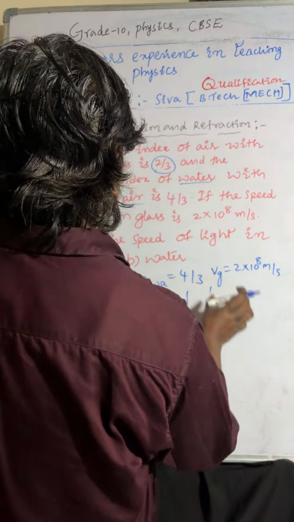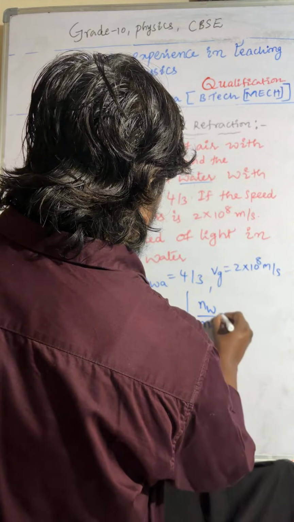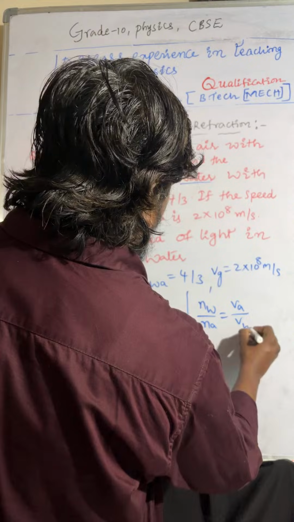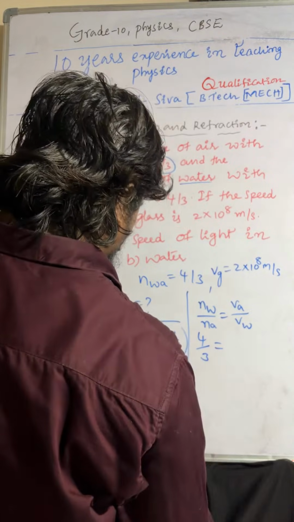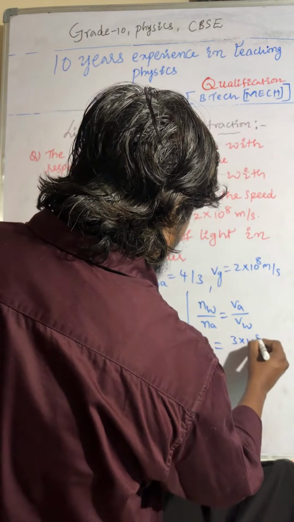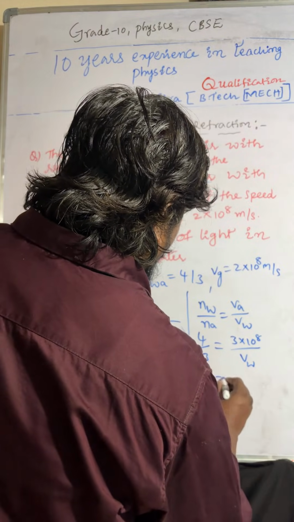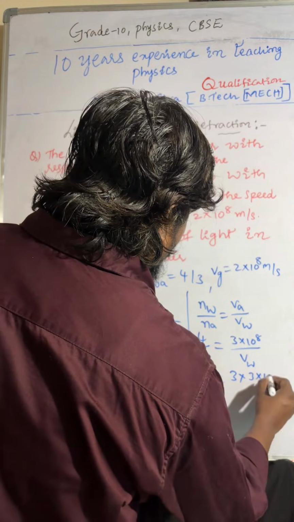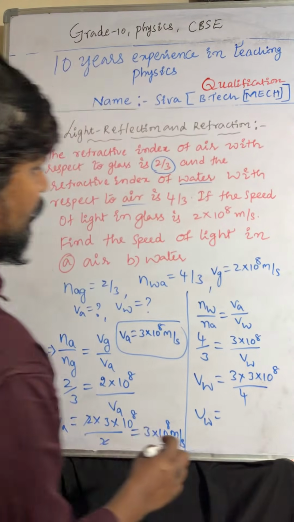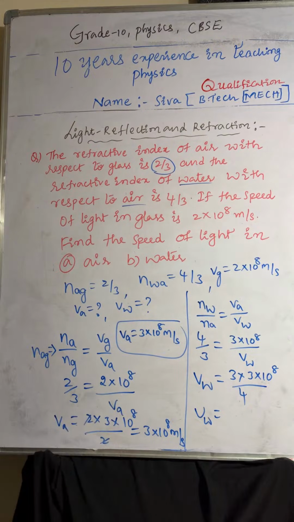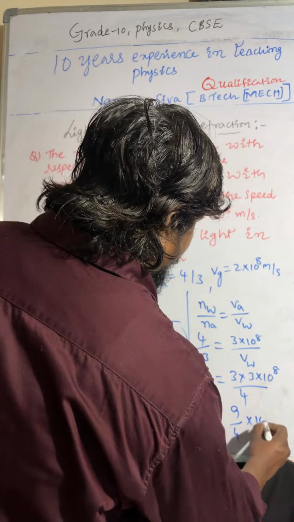And coming to the velocity of water, we have to find out. So n_w by n_a equal to V_a by V_w. That is 4/3, so V_a is 3 into 10 power 8 meter per second by V_w. Cross multiply, V_w equal to 3 into 10 power 8 by 4. So speed of light in water equal to 9/4 into 10 power 8.